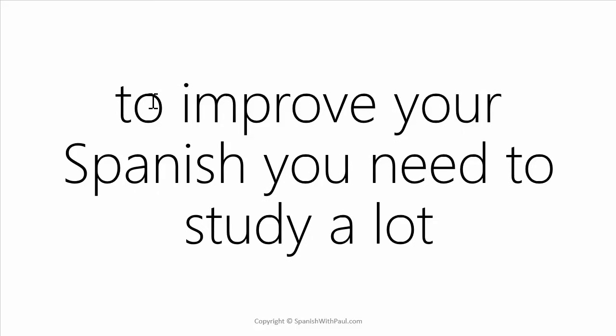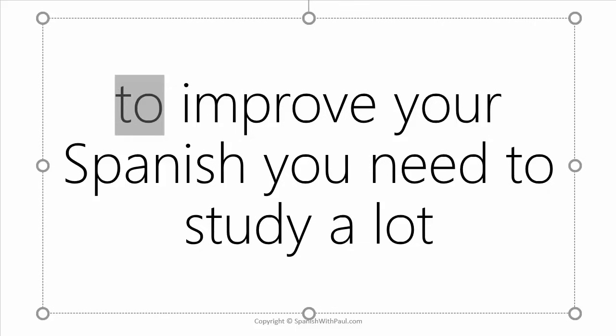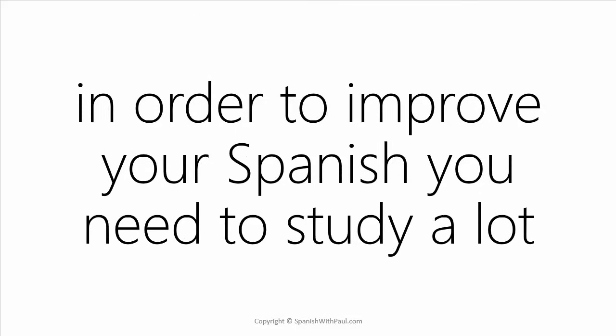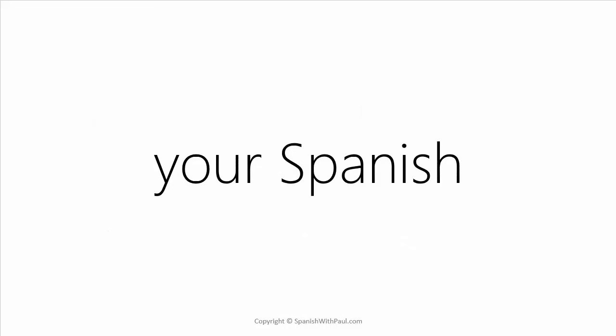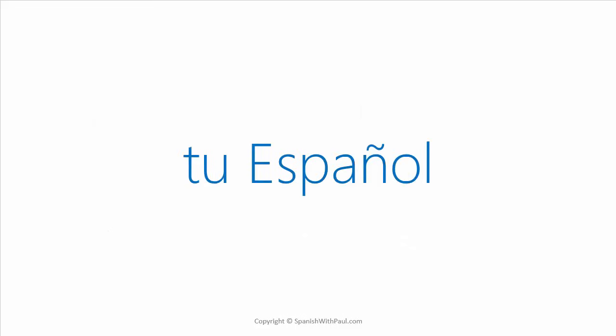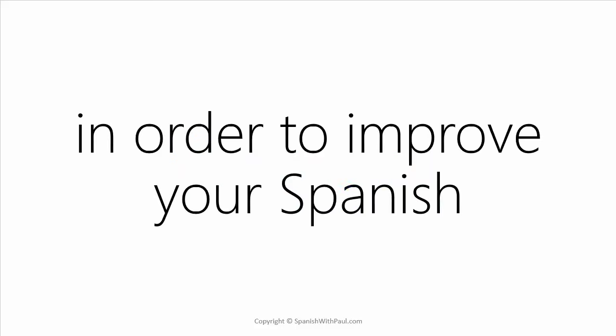Once again, this word to in English is implying in order to improve your Spanish, you need to study a lot. Now, to say your Spanish would be tu español. So how would you say in order to improve your Spanish?